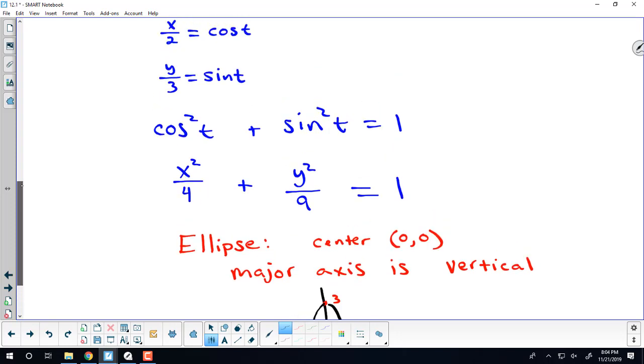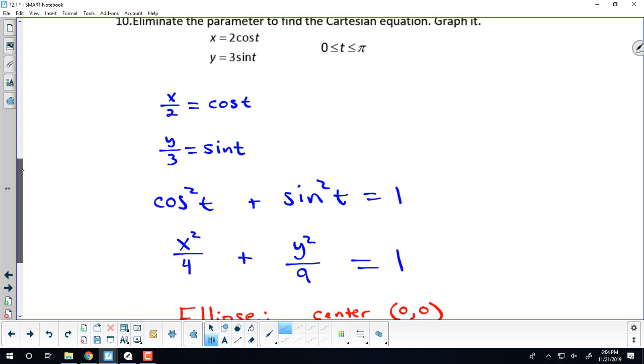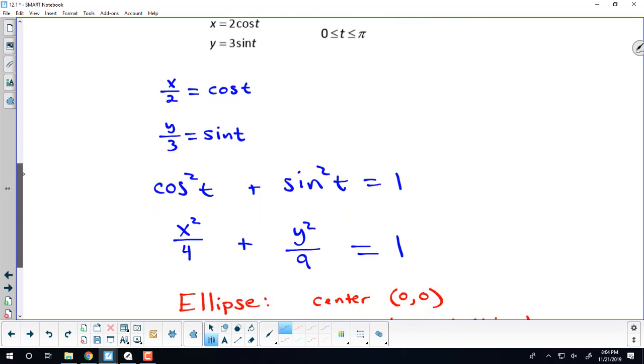And that's the graph of our Cartesian, but then we have to come back and say, okay, well, T ranges from 0 to pi.